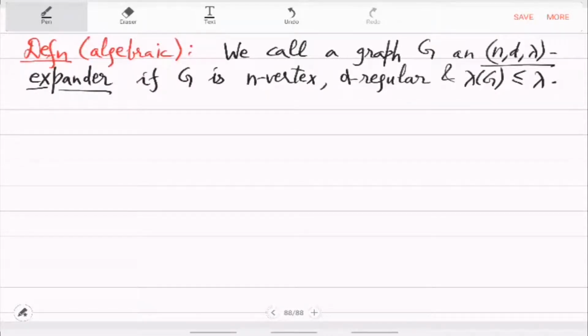Okay, so the spectral gap is bigger than 1 minus lambda. That's the point. So you want lambda to be small. The smaller lambda is, the better algebraic expander G is.